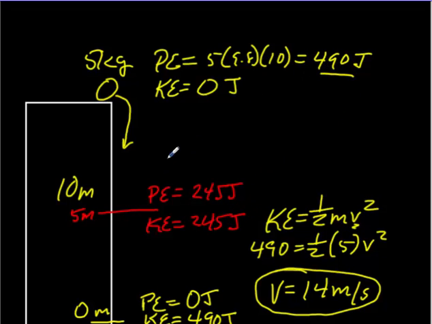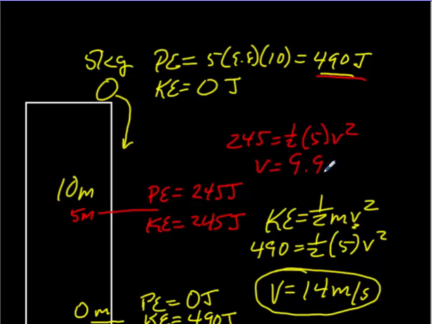And that makes sense, because if we're halfway down, it's going to be half the amount of energy of the 490. Now, what is the velocity halfway down? Well, once again, my kinetic energy is 245, and that's going to be equal to 1/2 the 5 times the v squared. And so my velocity halfway down is 9.9 meters per second.